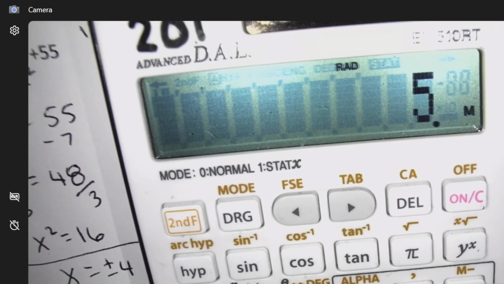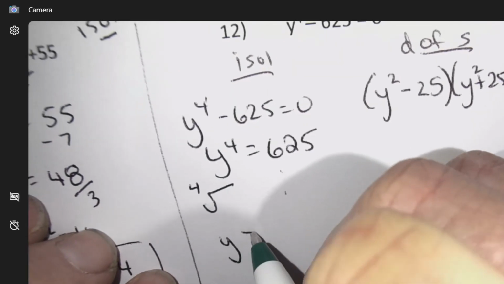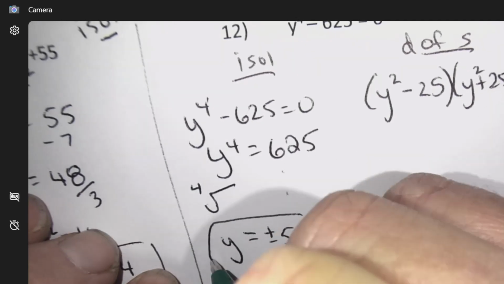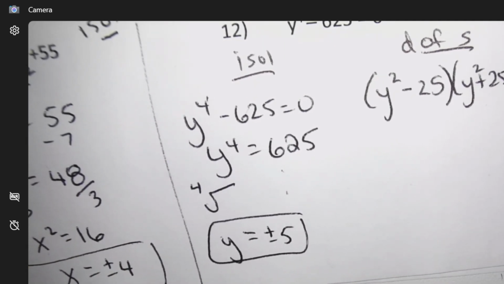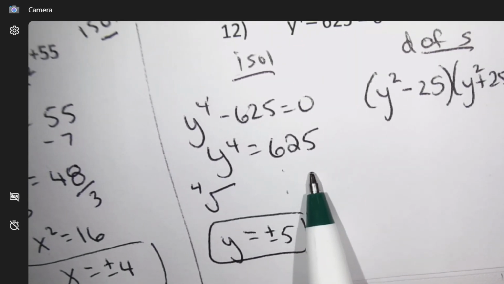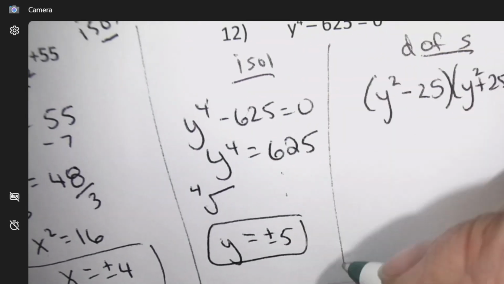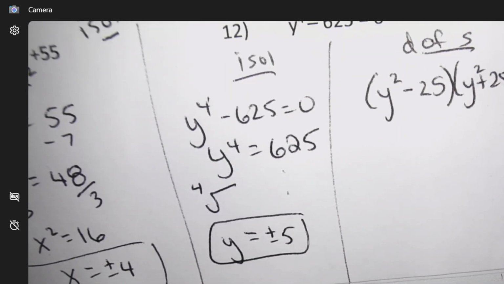Okay. So then I get a 5. But I can't forget that there would actually be a plus or a minus option because I could go 5 repeated 4 times to get there. But -5 would also work out for me. Okay.